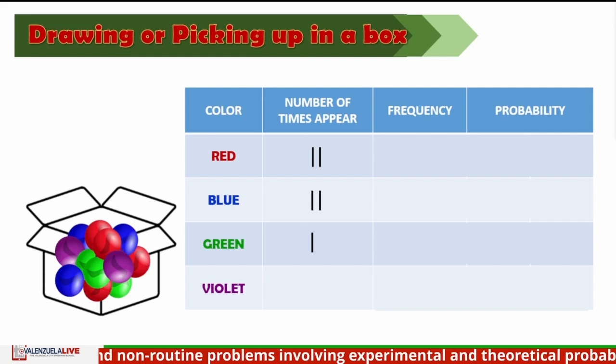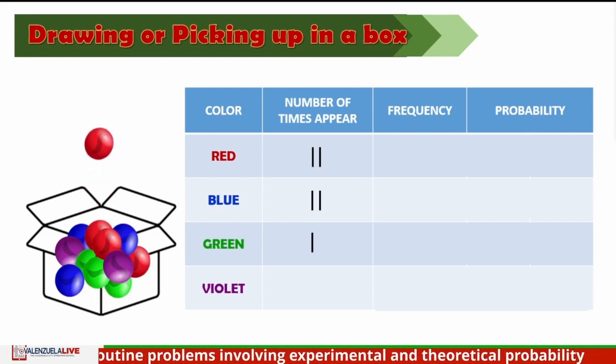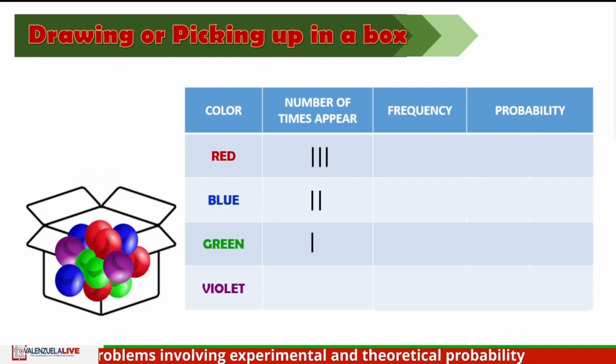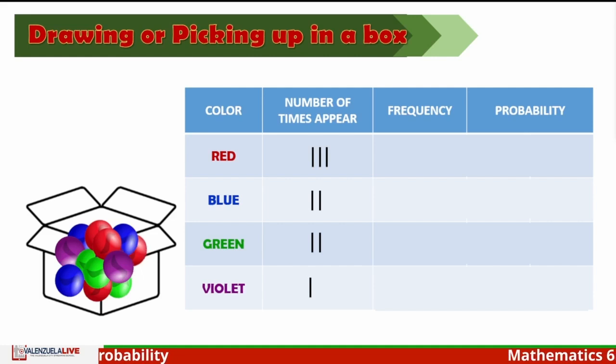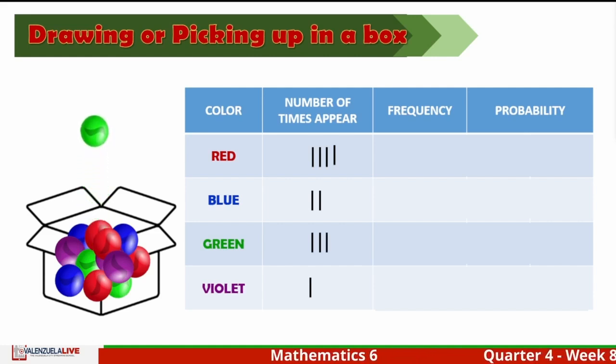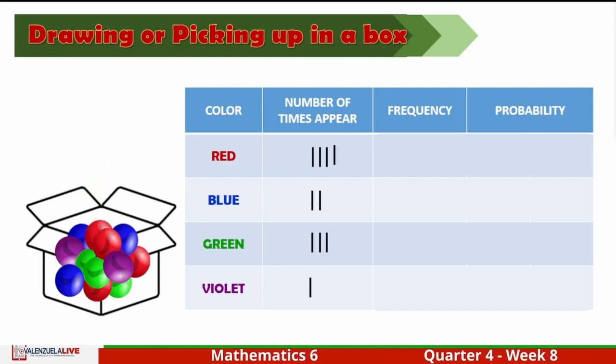Mark blue. Next, red marble, mark red. Another one, green marble, mark green. Next, violet marble, mark violet. Then, red marble, mark red. Last, pick green, mark green.